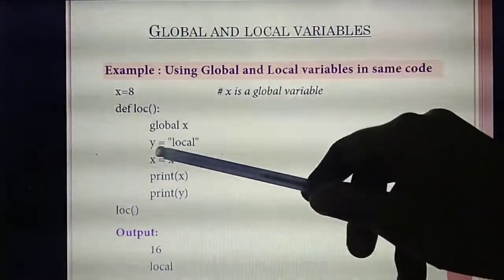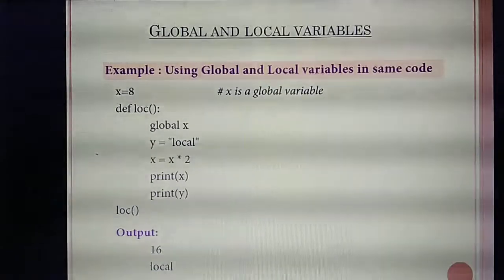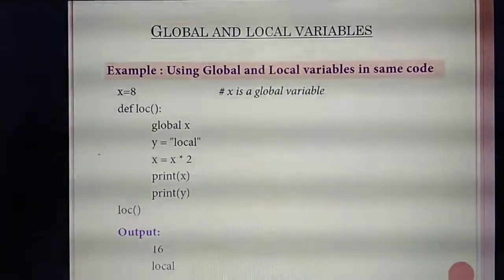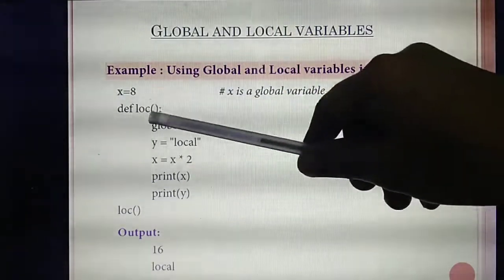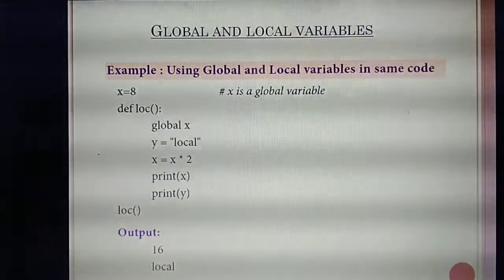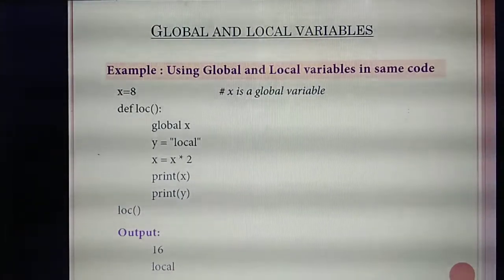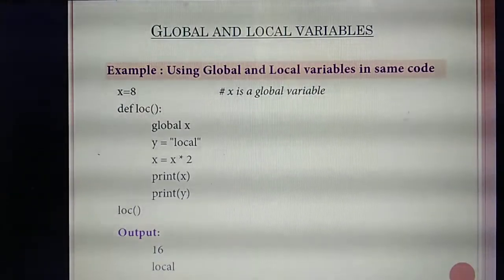Next, y equal to local of. Again they are declaring one variable called y equal to local of. This variable is called which variable? Think and say. Global variable or local variable? Local variable. Why? So inside the function they are defining one new variable. The variable defined inside the function we are calling as which variable?